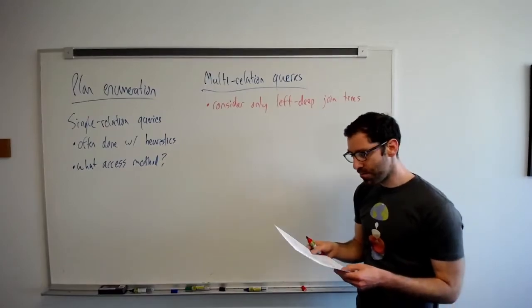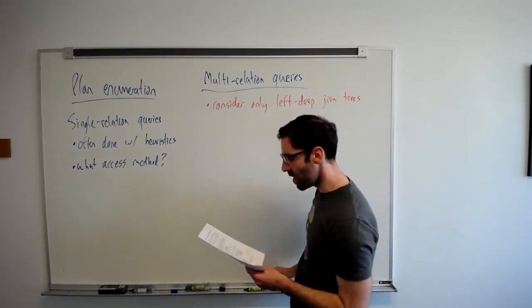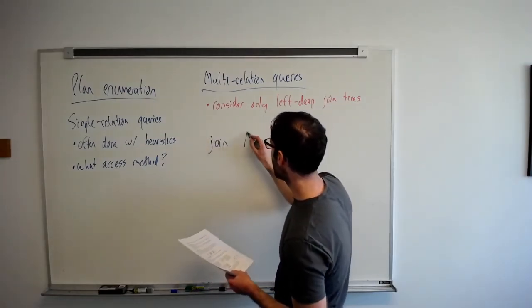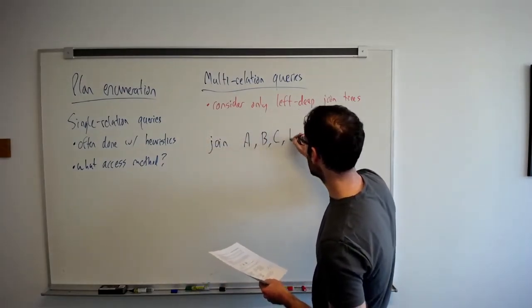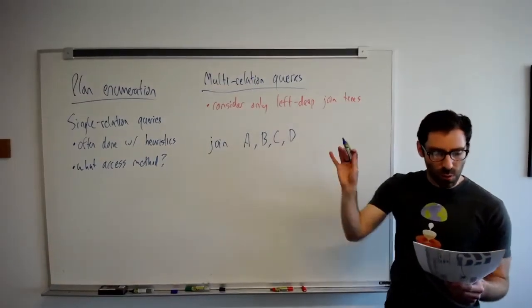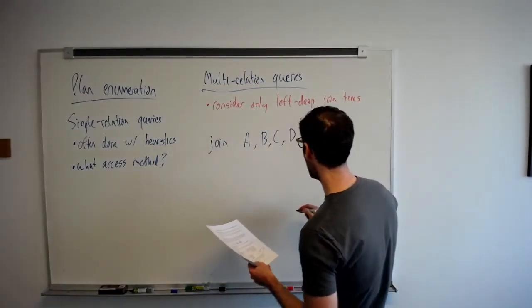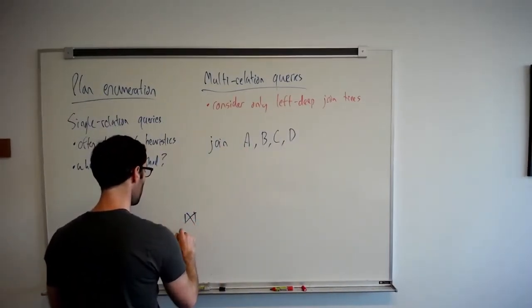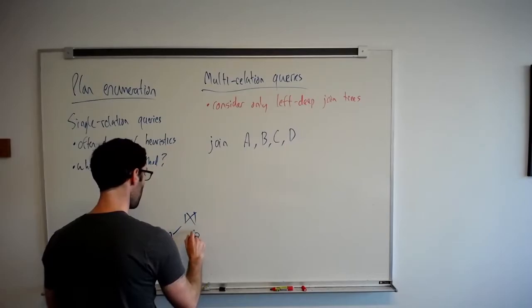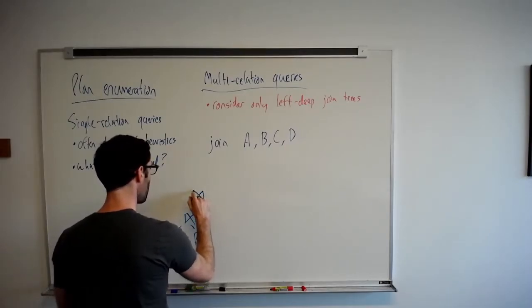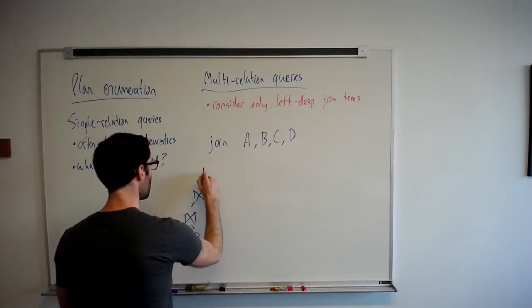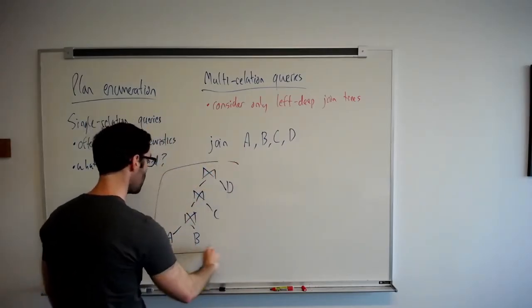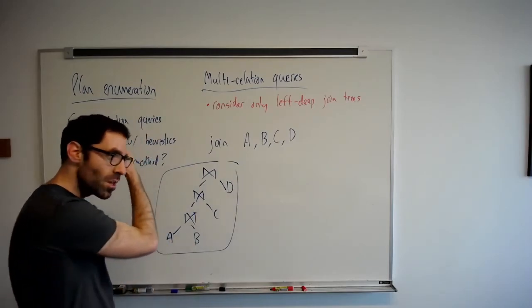So what this means is, let's say we want to join A, B, C, and D, 4 relations. We might have a plan that looks like this.